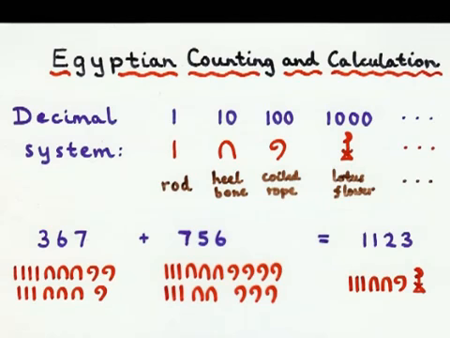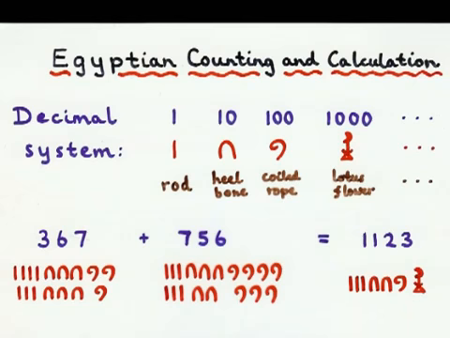You recall, of course, that Roman numerals similarly use different symbols for 1, 10, 100, and 1,000. And then a number is represented with the appropriate number of each symbol, written from right to left. So here are 367 and 756.